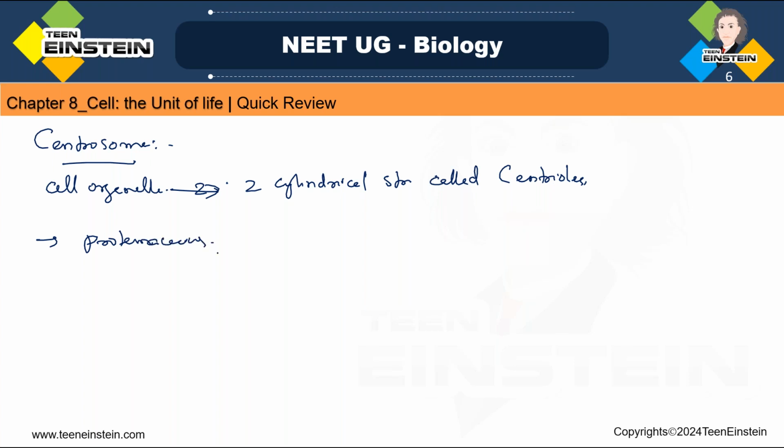That central part is called the hub. It is connected with the tubules of the peripheral triplet by radial spokes, which are made up of protein. And these centrioles form the basal body of cilia and flagella and spindle fibers, which give rise to the spindle apparatus.